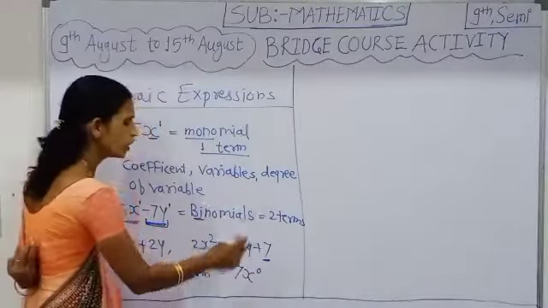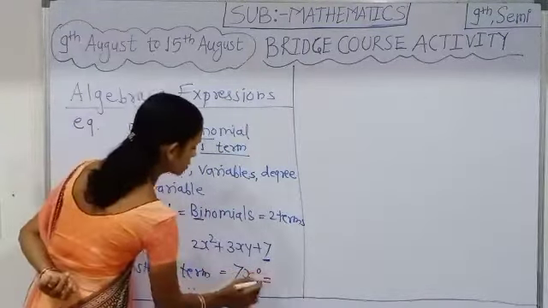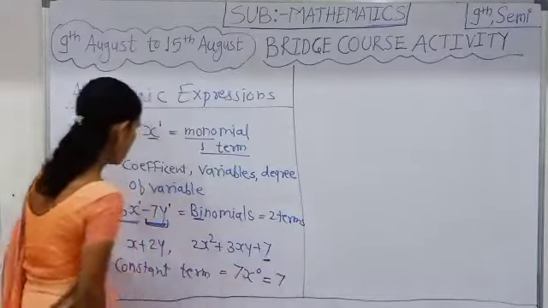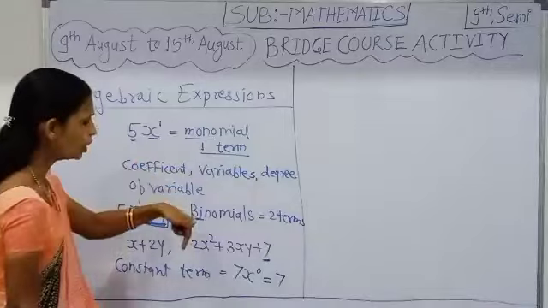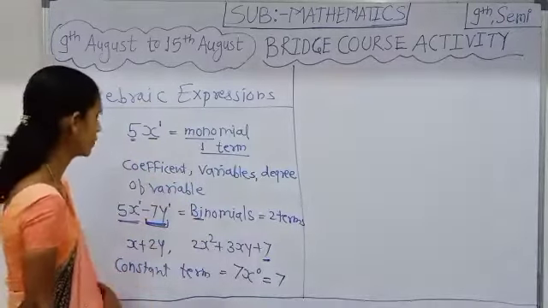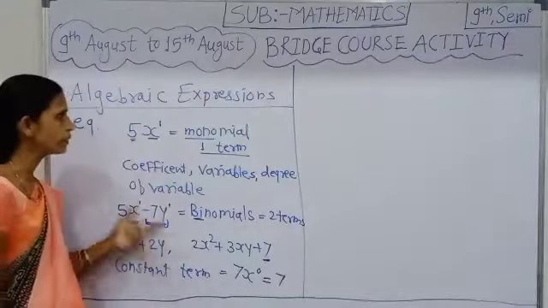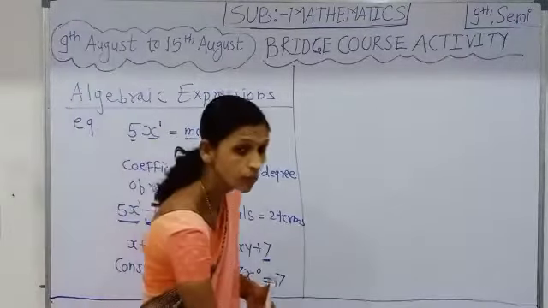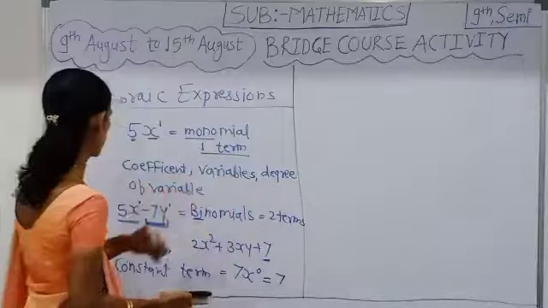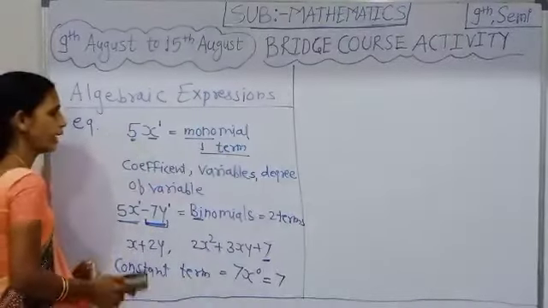X raised to 0 means 1, that is, 7 into 1 is 7, which is known as the constant term in the polynomial or algebraic expression. Those are a few examples of algebraic expressions, and we have already studied them in the previous lecture also.